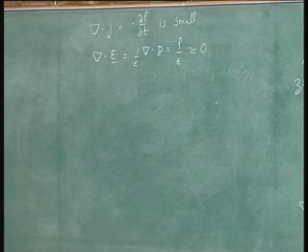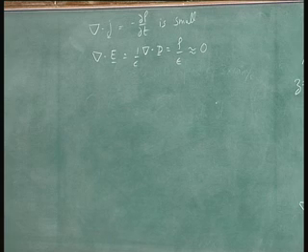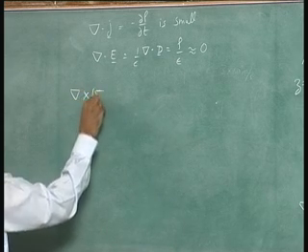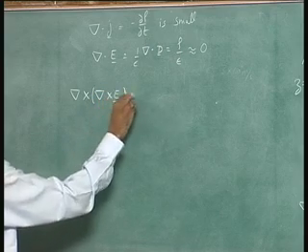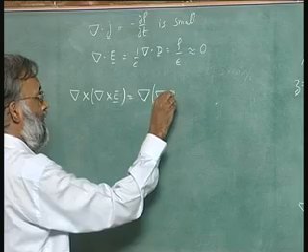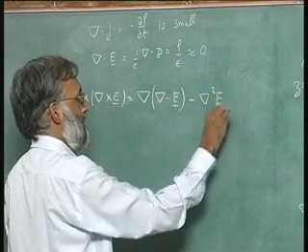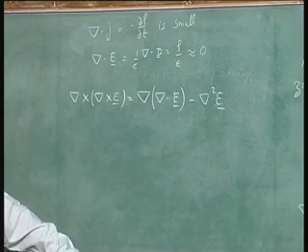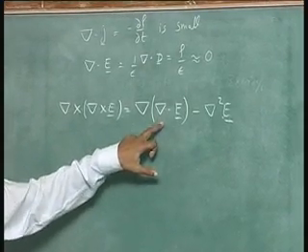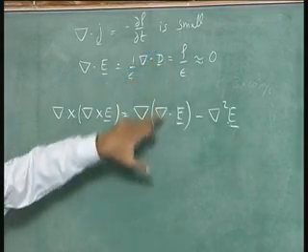How does that help us? Well, when you look at the left hand side, you can go back in your notes and see how we derived it. You will find curl of curl of E is actually equal to gradient of divergence of E minus del squared E. This term would be present if you have charge density, but I am going to choose to drop it.